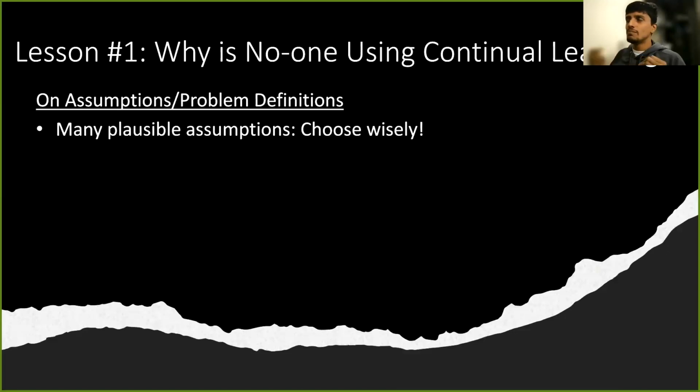My claim is that there are a lot of assumptions on which you can do continual learning. And if you propose works which work with one set of assumptions, it might be hard to translate them to another set of assumptions, and there might be discrepancies here. We need to choose our assumptions wisely and align these assumptions with the needs in, say, real companies where they have this data, this information fire hose, and they want to learn from it as quickly as possible.